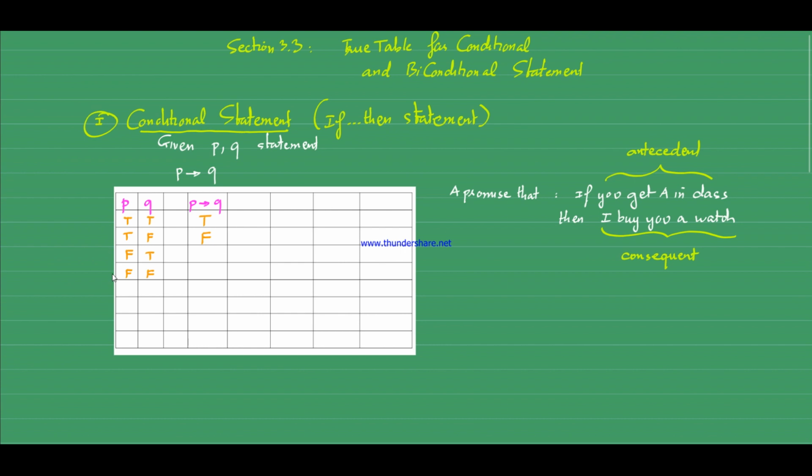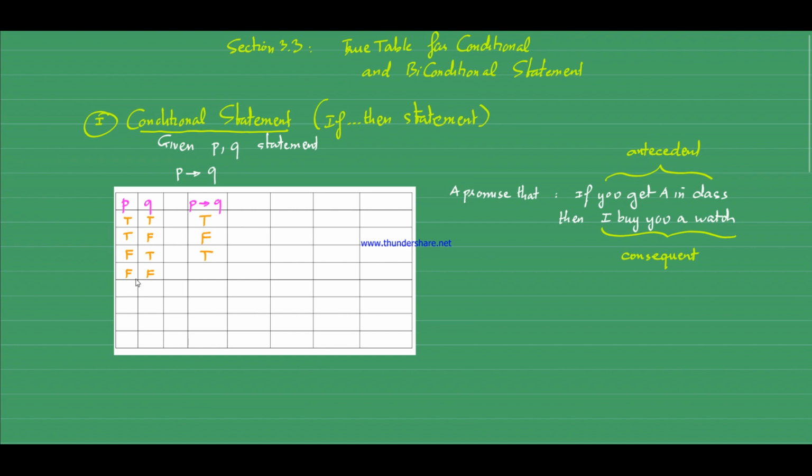Now the antecedent is false. If you don't get A, but you still get a watch, this is true, because even though you don't get A, you still get a watch. And if you don't get A in class, I don't buy you a watch.